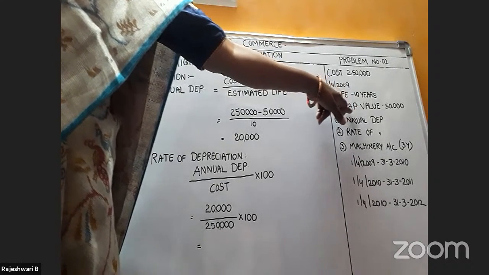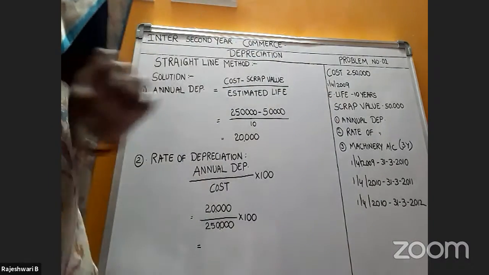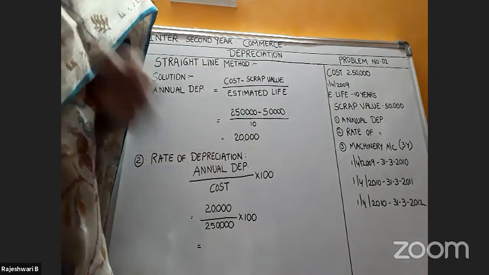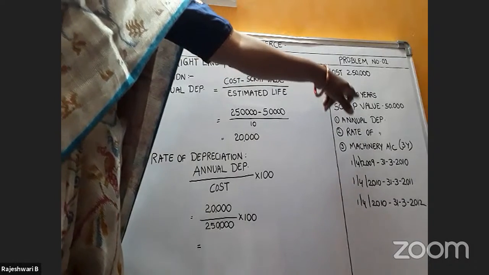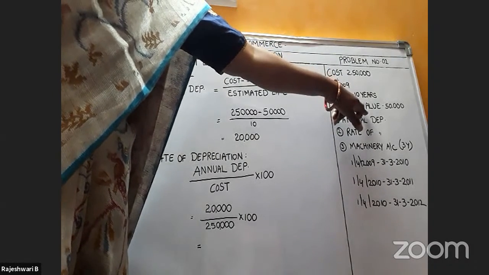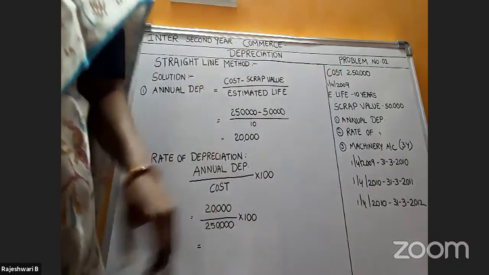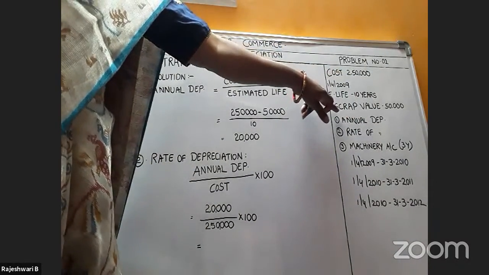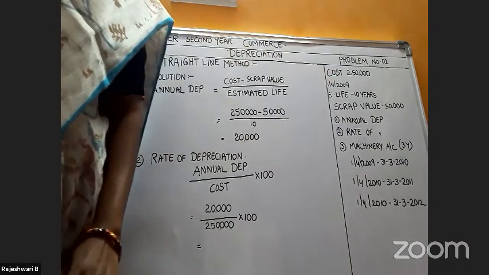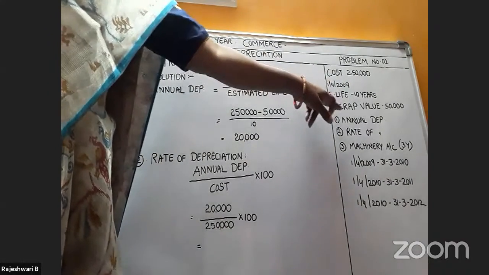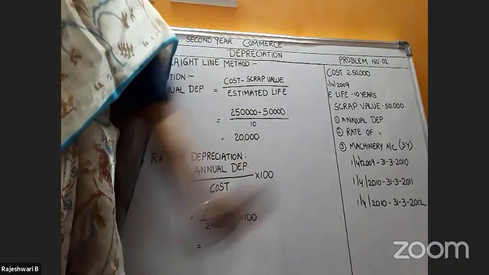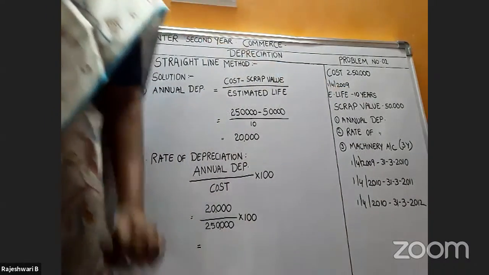Scrap value is the value that remains after the estimated life of the asset. We can expect an approximate scrap value; we cannot measure the exact value. Scrap value is 50,000.